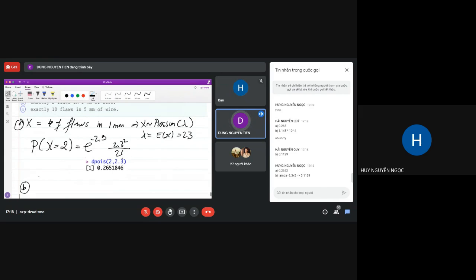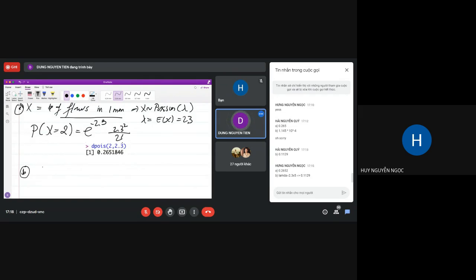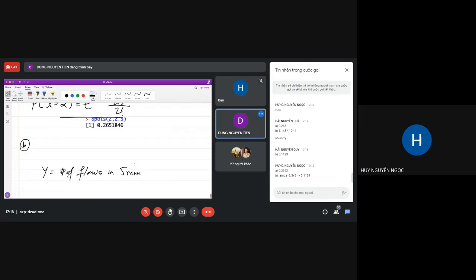you want to deal with the number of flaws in 5 millimeters of wire. Okay. So let Y be the number of flaws in 5 millimeters of wire.